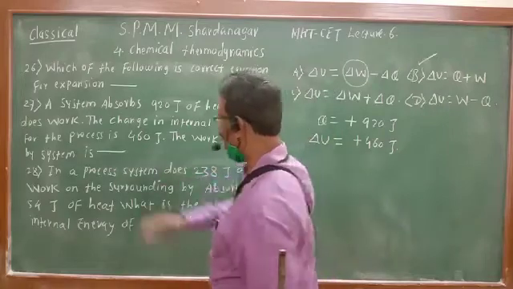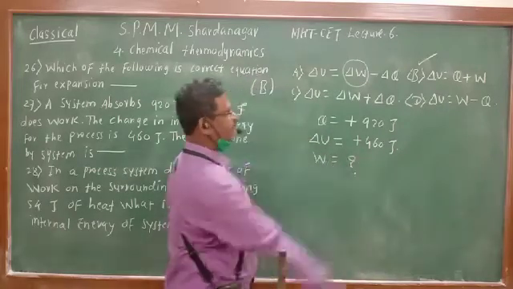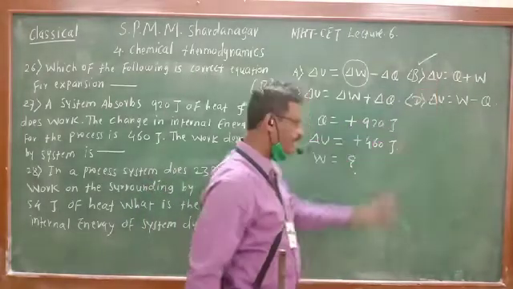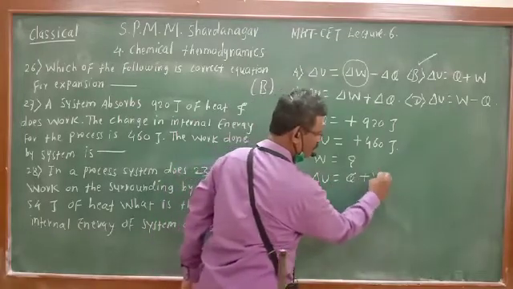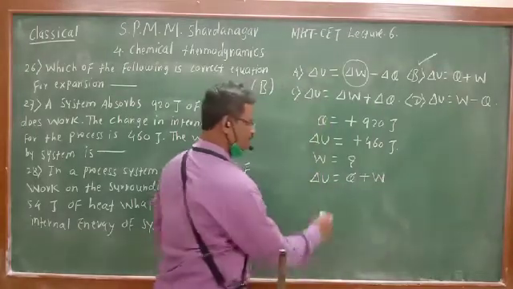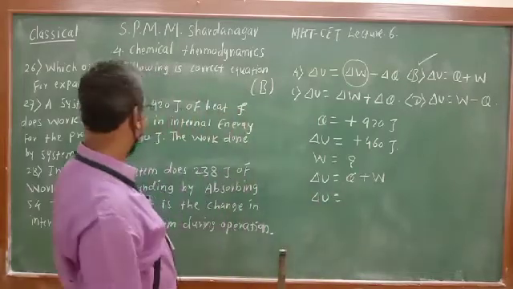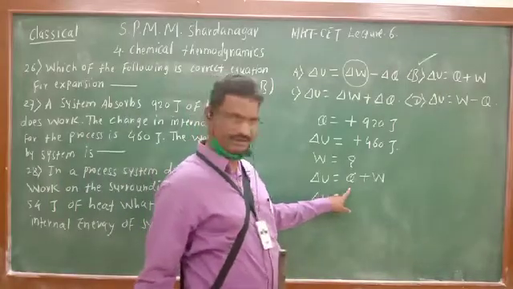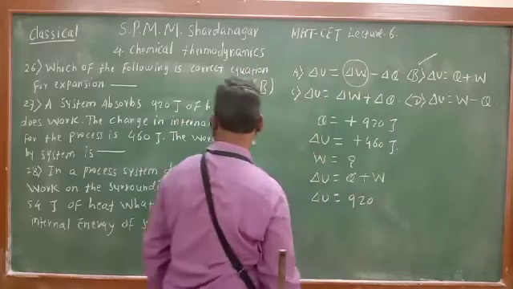The work done by the system, W, we have to calculate. We know this is the equation according to the first law of thermodynamics. So delta U is equal to Q plus W. Q is plus 920.